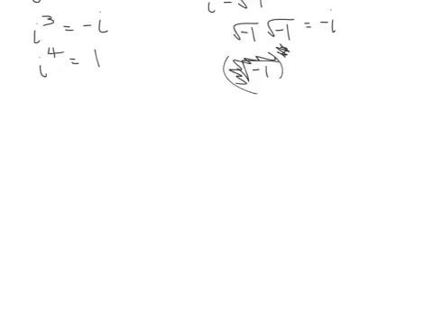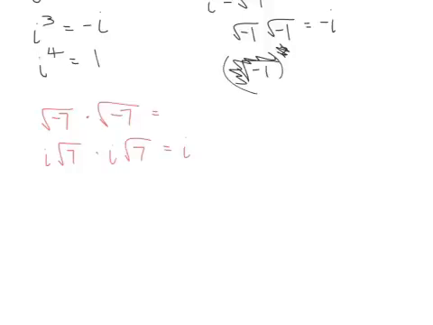Example 4, we've got the square root of negative 7 times the square root of negative 7. That equals, and this is a very, very important piece of doing these: always get the negative out of the radical sign before you multiply or divide. So we're going to take that i out, and that i out.